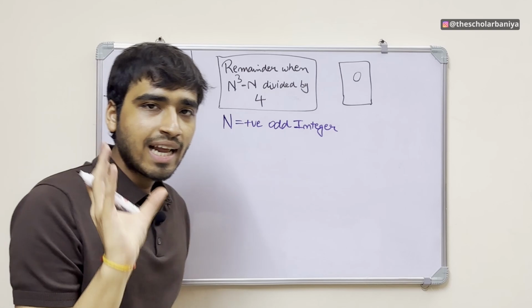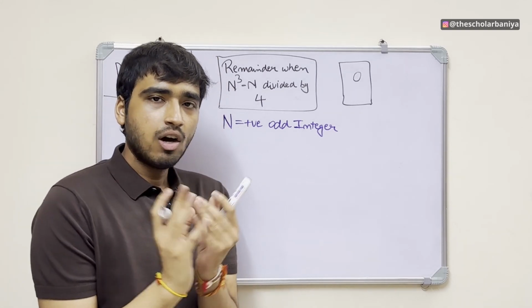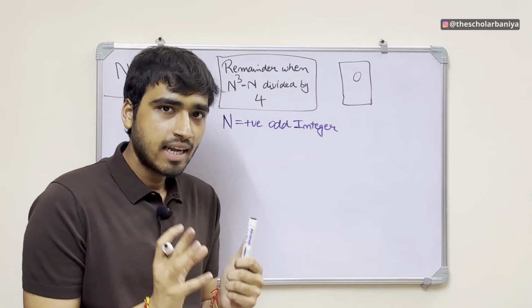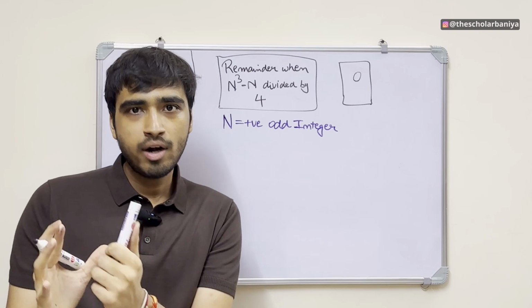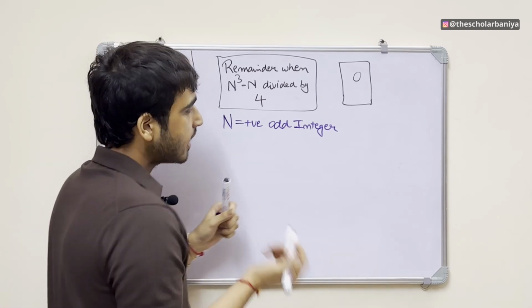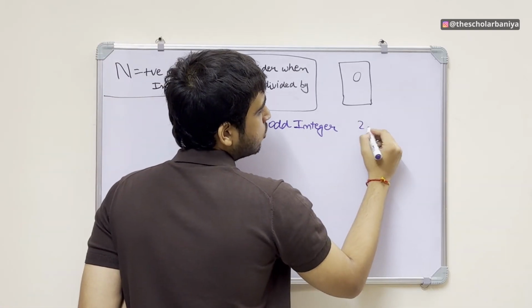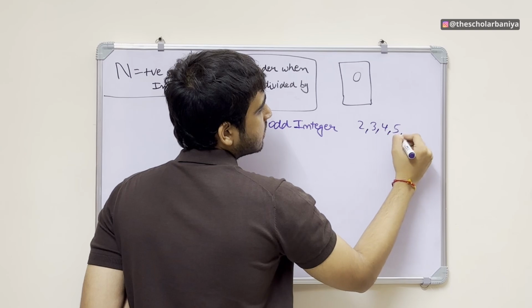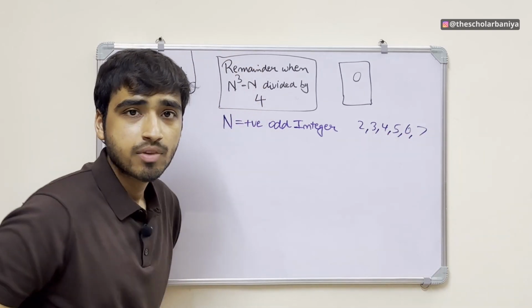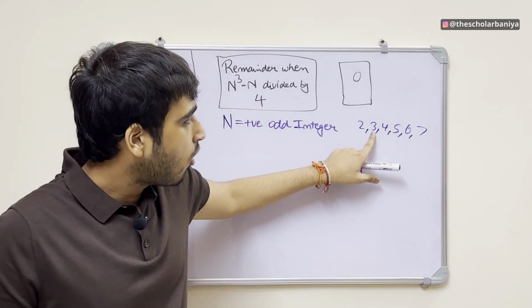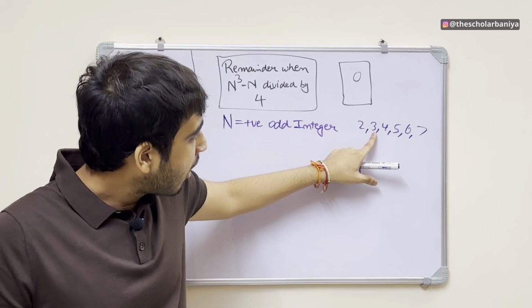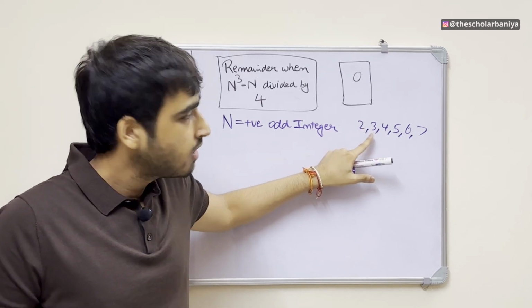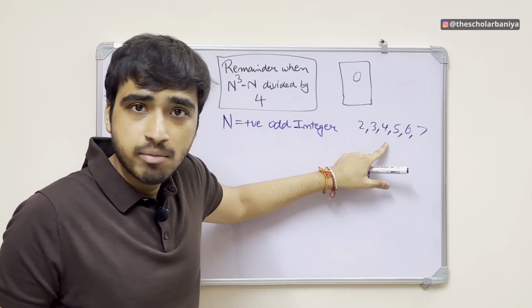Now tell me one thing. All the integers can be categorized mainly into two things, odd and even, right? For example, let's say there is 2, 3, 4, 5, 6, 7, right? So if this is an odd integer, one number before that will be even and one number after that will be even, right?